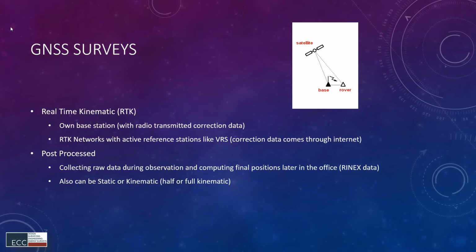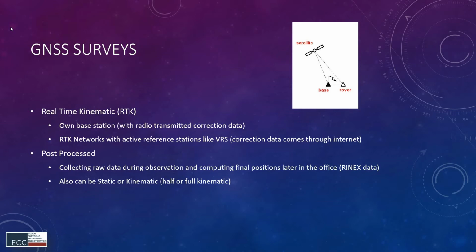We can have a SIM card in the logger or receiver, or use a smartphone hotspot. We connect our logger to that, set up the internet connection, log in to the server, and we can receive the data stream.